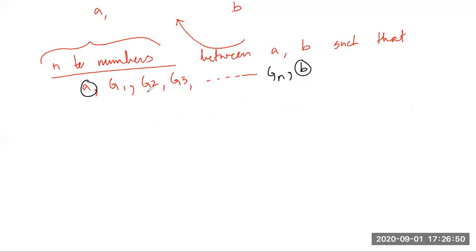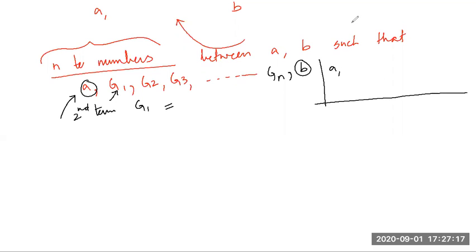Since now, what is the first term of this sequence? The first term of the sequence is A. What is the second term? The second term of the sequence is G1. G1 is given by a standard geometric progression. How do we write it, students? The first number is A, and let us say the common ratio is r.